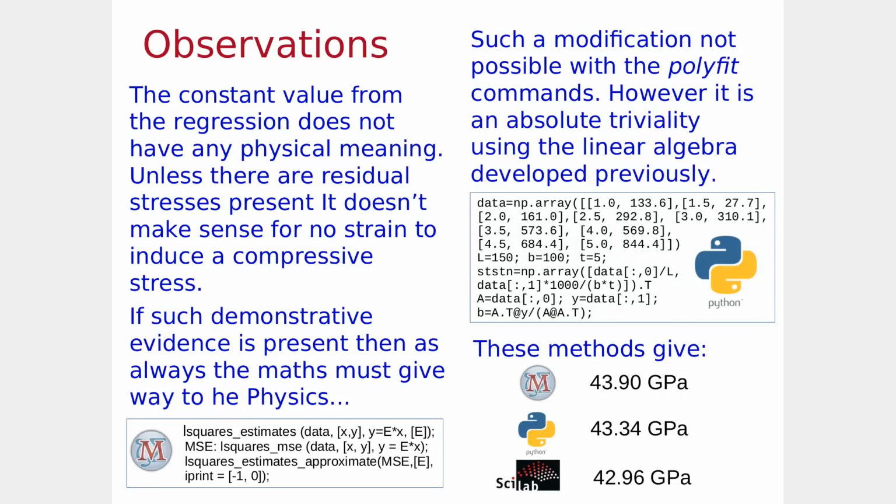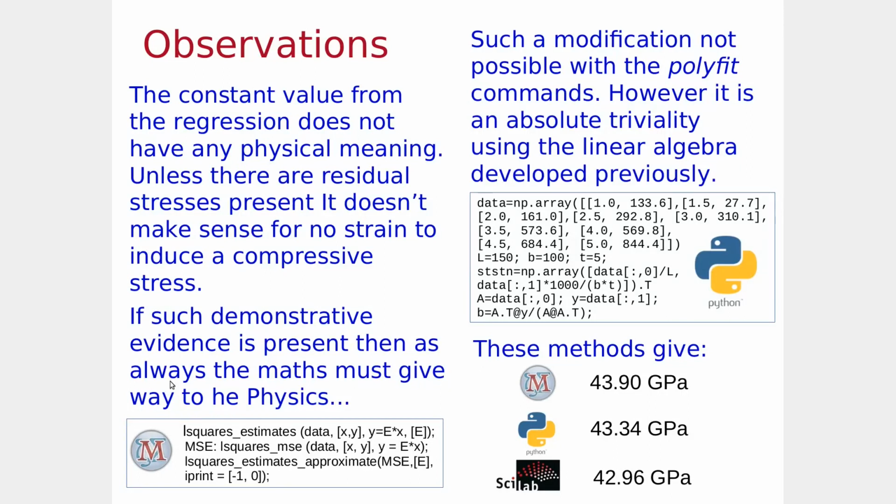So in Maxima here, we've used the least squares estimates function, which is another function, and we've said, given the data x and y and the model, just compute me E. And then we have this object called an MSE, the mean square estimate.